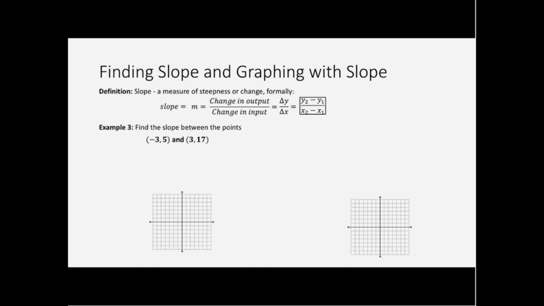So let's say I have these 2 points, (-3, 5) and (3, 17). So for me, it's kind of good to label out the points. So let's actually go ahead and write that. Once you get more comfortable, you could probably go straight to the actual formula.